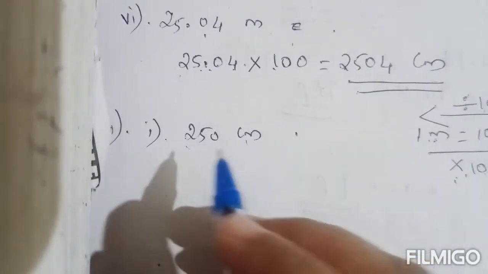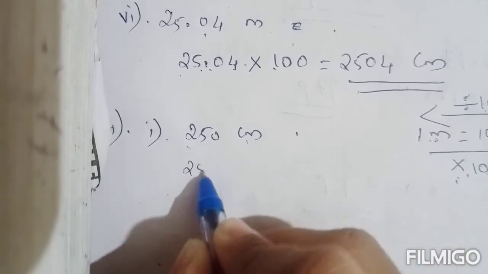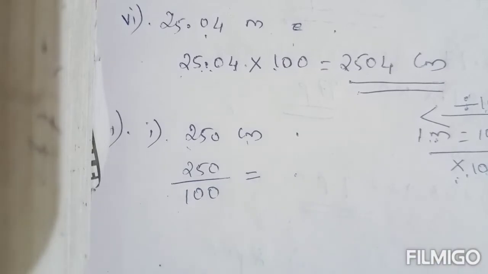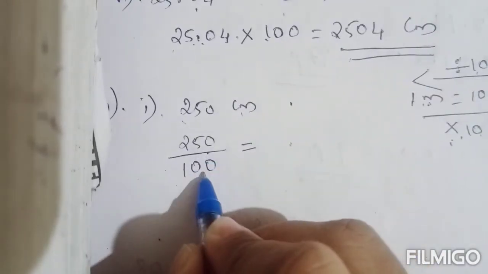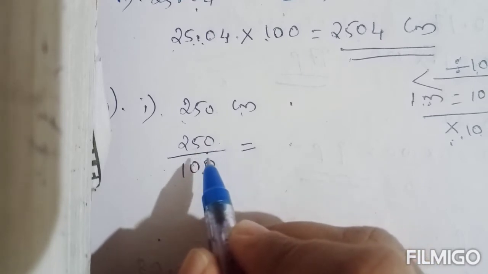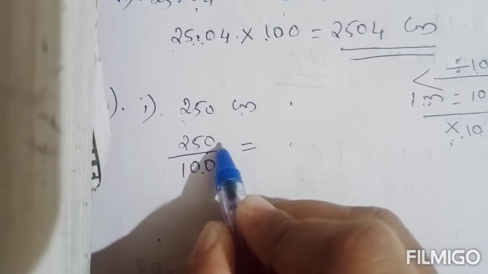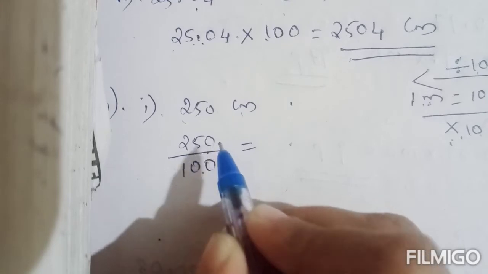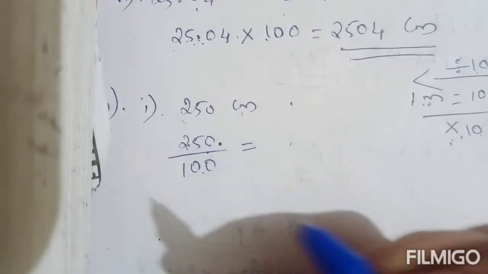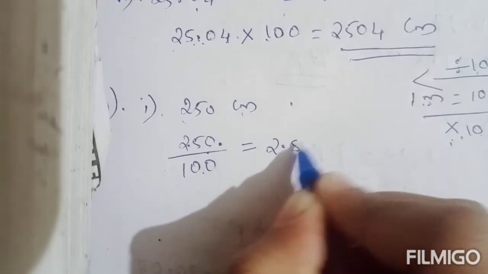So 250 centimeter, you just divide that 250 by 100. Division by 100, so the decimal point will move 2 places to the left. In 250 here will be the decimal point. Moving this 2 places to the left, you will get the decimal point here. That is 2.50.